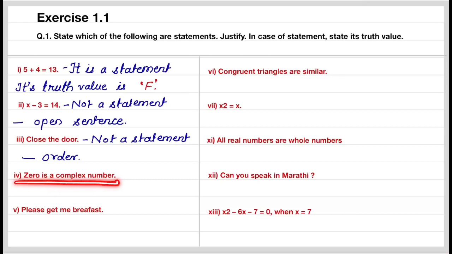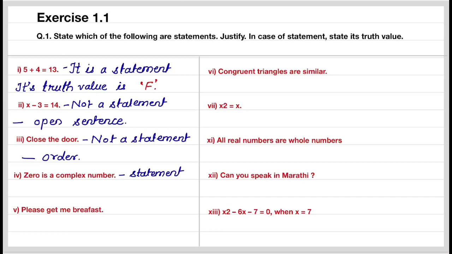Fourth one. Your fourth example is 0 is a complex number. Again, it is also a declarative sentence. So, it is a statement. Truth value.